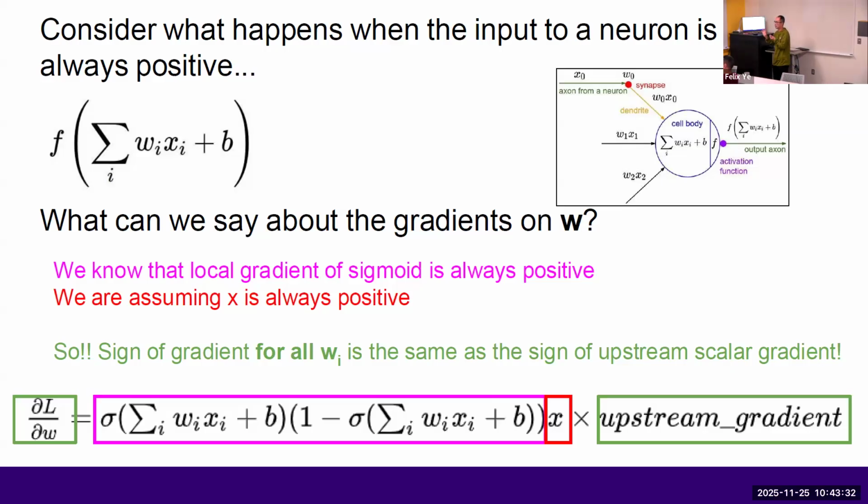This is really a bad sign, because your current weight at the current layer may not be optimal. Some weights need to increase, some need to decrease, right? But here, they can only change by the same sign as the upstream scalar gradient, which is really, really bad.